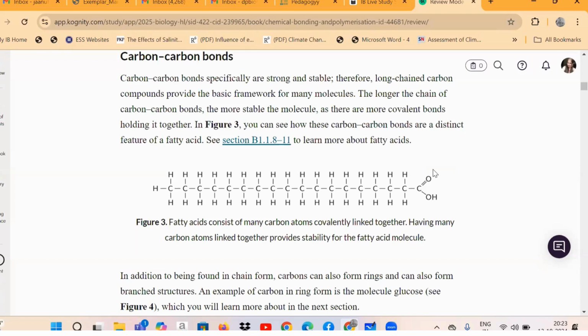But what makes carbohydrates and lipids different? If you're given different structures and asked to identify a fatty acid, one of them would have an additional group at the end of the fatty acid chain. The carboxyl group, the COOH group, so that is the carboxylic group.